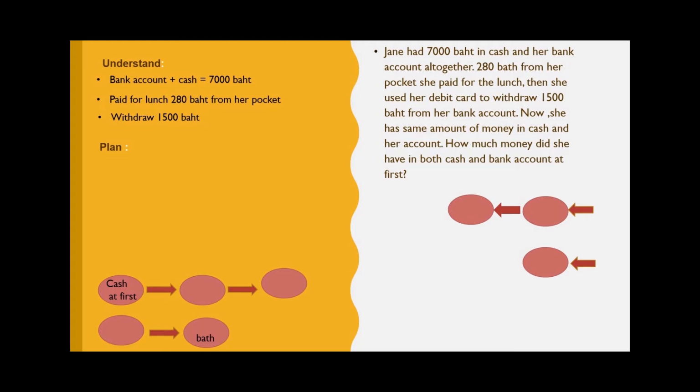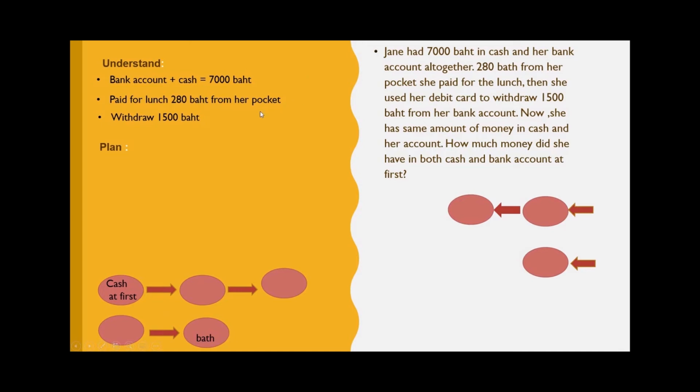The question asks us, how much money did she have in both cash and bank account at first? So now we know her bank account plus the cash in her pocket was 7,000 baht before she spent 280 for her lunch.